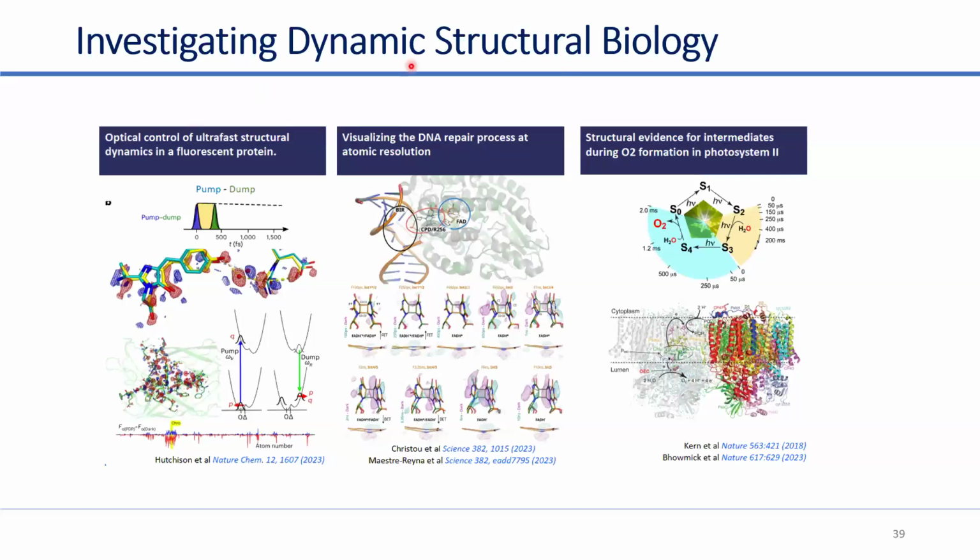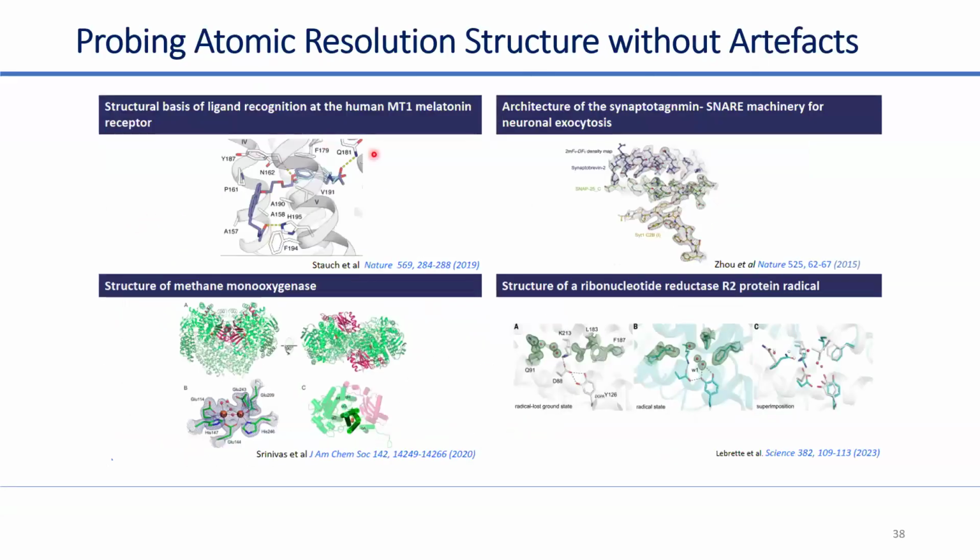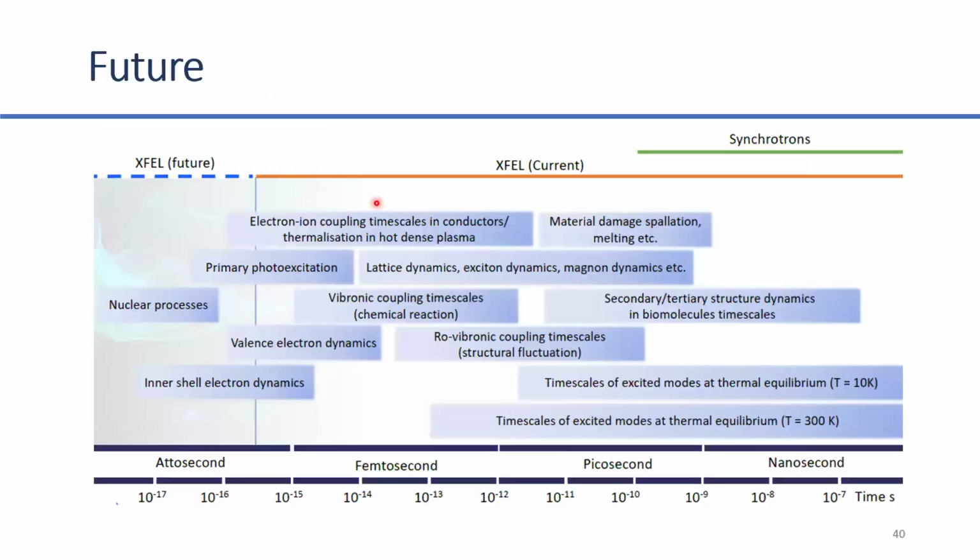So if we are going with a higher resolution, this attosecond may be very helpful for the nuclear process, as I said, the fusion reactions. Okay, for actually resolving the dynamics of the nuclear fusion reaction.